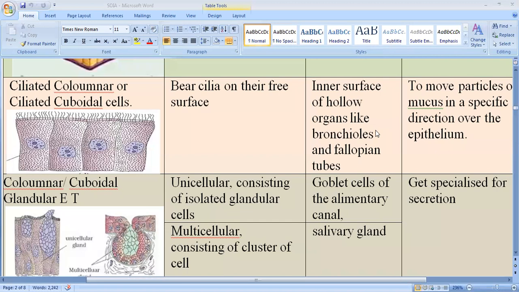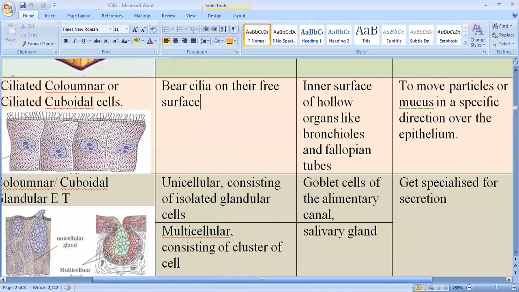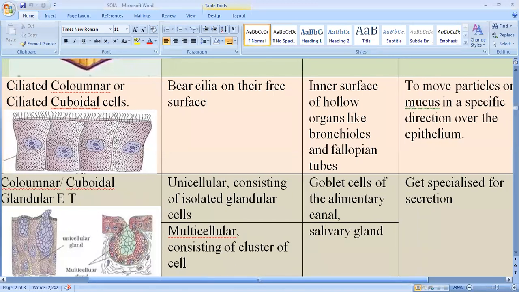I had already told about the movement of the ovum; it involves moving the particles or mucus in a specific direction over the epithelium. Clear?